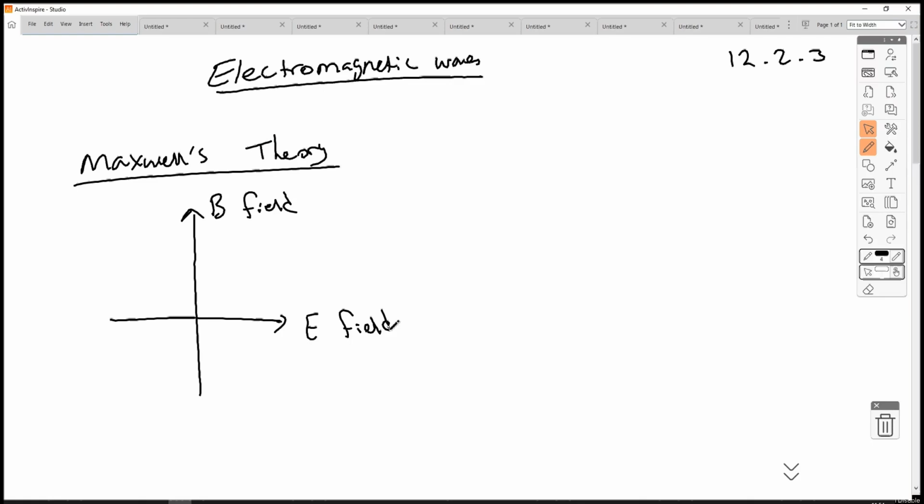So in terms of looking at it three-dimensionally, if we have a wave which is propagating along this line, what I will do is in different colors I'll draw the different fields oscillating.